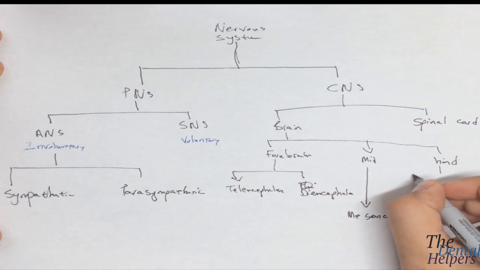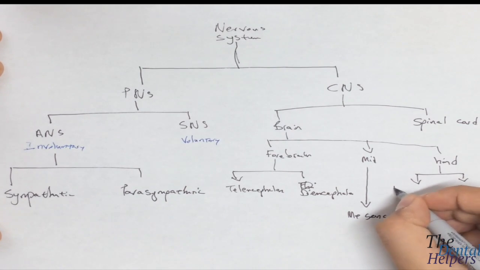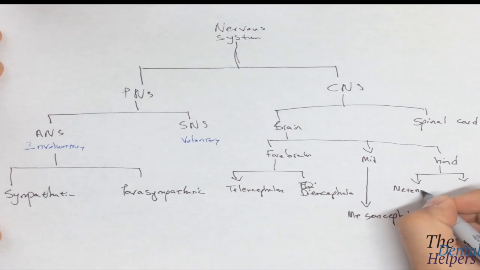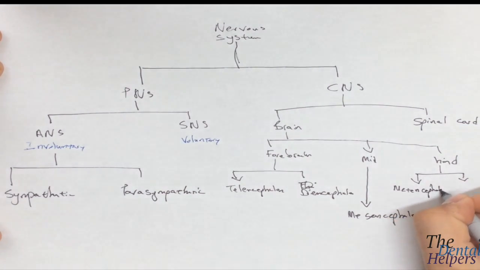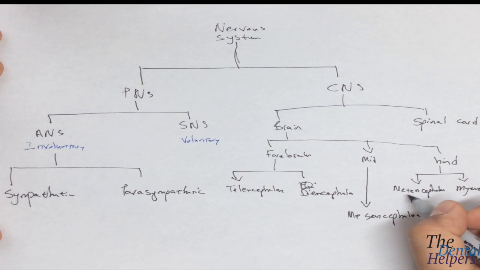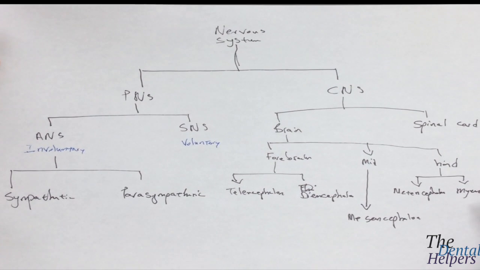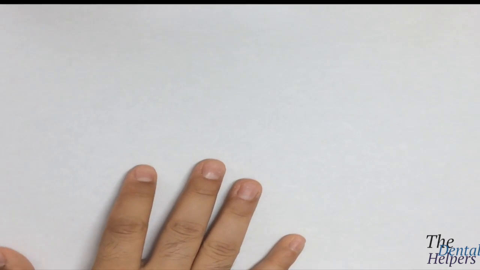The hindbrain is going to be what's left, and that's the metencephalon, as well as the myelencephalon. And the metencephalon includes the pons and the cerebellum, and the myelencephalon includes the medulla. So those are the parts of the brain and the nervous system, and all very important to know.